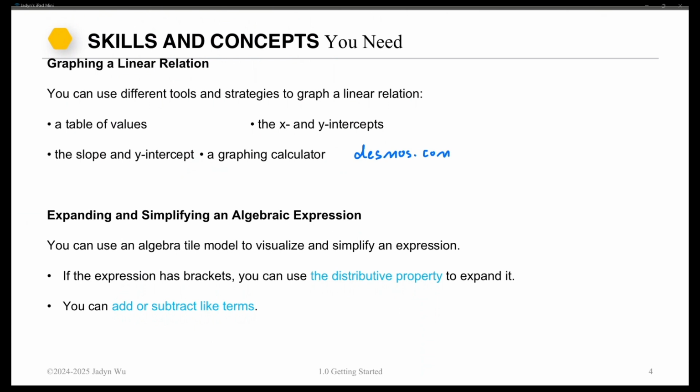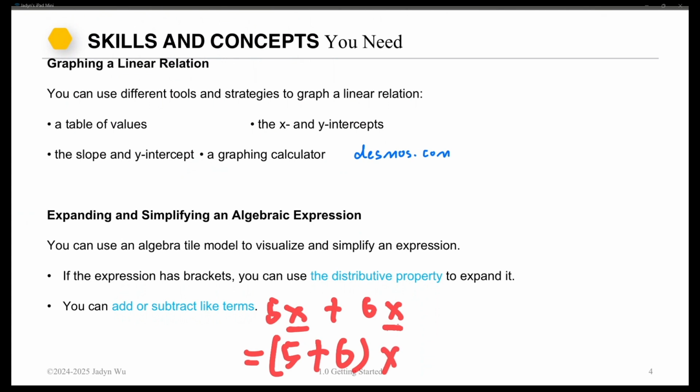And we can also add or subtract like terms. For example, if we have 5x plus 6x, the x terms are the like terms. So we can factorize it as (5 plus 6)x, or we can directly calculate it by adding the like terms. So it will be 11x by using either method.